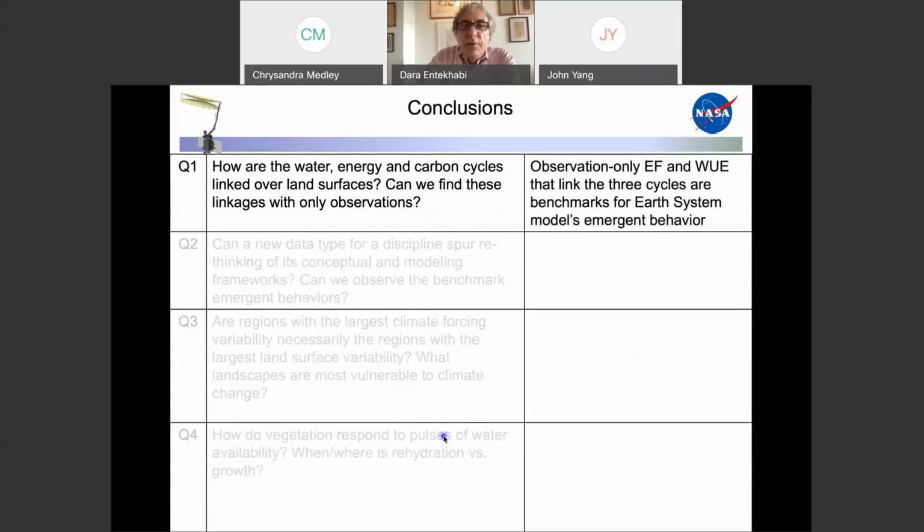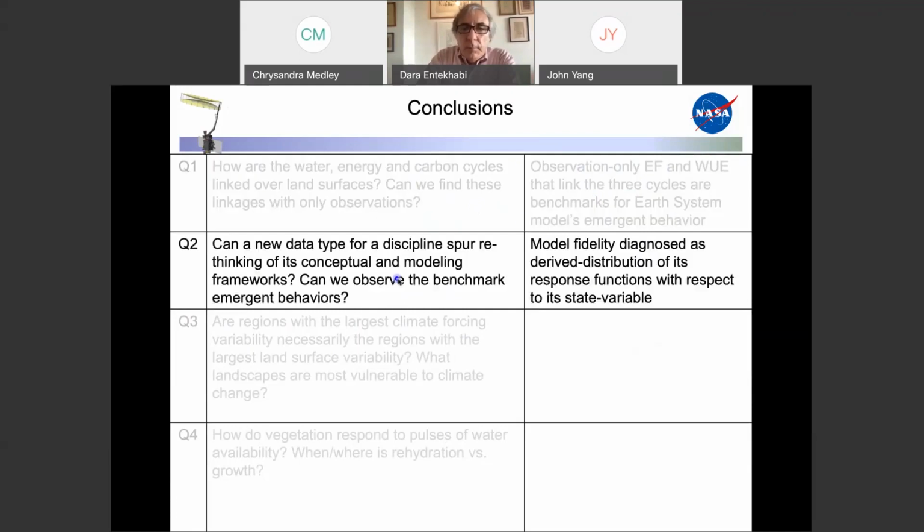So for the first one, we can say that we've arrived at an observation-only result, no models. Because if you use models, you're lifting yourself by your own bootstraps. Linkage between the water and energy and the water and carbon cycles that link the 3 cycles should be benchmarks for these emergent behaviors in Earth system models.